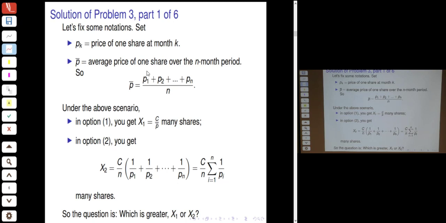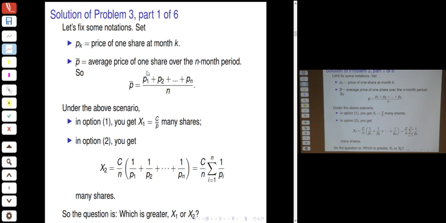Okay, so let's fix ideas, set the notation and lay down the fundamental aspects of our problem in terms of the different variables.